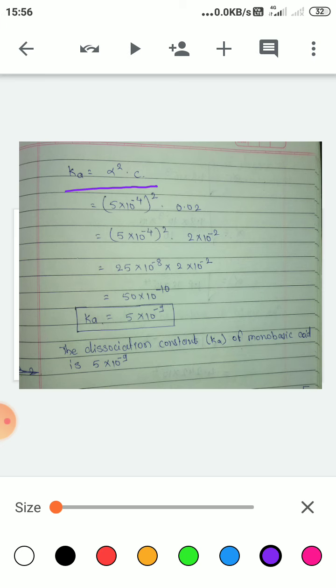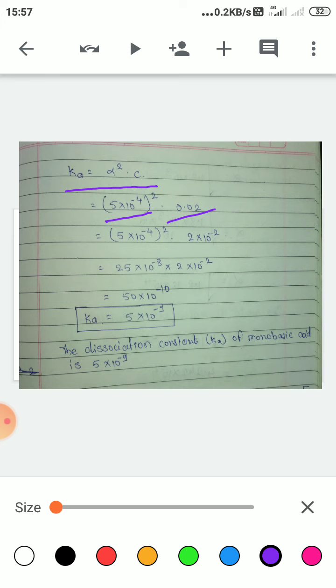Therefore put the values of degree of dissociation in place of alpha and of concentration, and we will get the dissociation constant of the acid. Alpha we calculated as 5 into 10 to power minus 4, in brackets, squared, into the concentration, which is given as 0.02 molar.